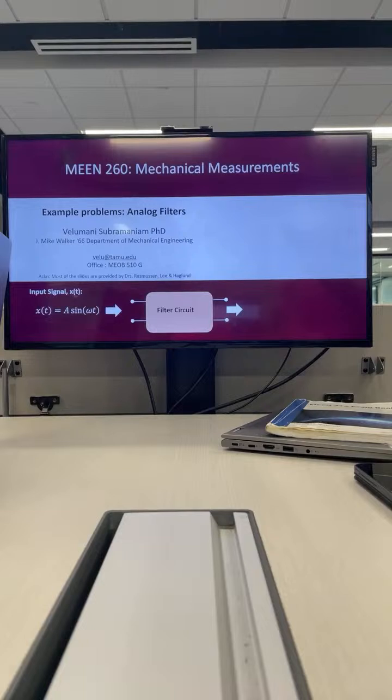Just to refresh your mind, what is the analog filter? If your input signal is x of t, that is sin omega t, what is the nature of the output you should have? What should be the nature of the output after this analog filter?